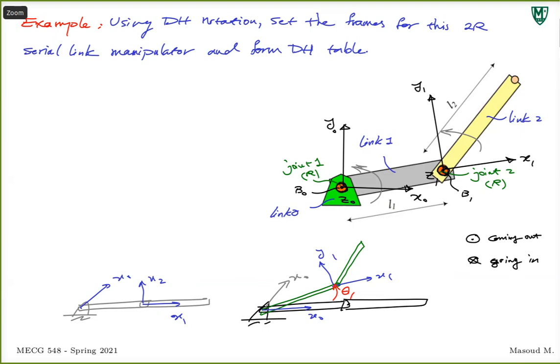So for the base frame, depending on what configuration you're dealing with, you can play around with it. Is it wrong if you put it in a totally different direction? Technically, no. But then your transformation matrices and the number of parameters that are not zero in rest position in your DH table would increase, which is not optimal for whatever you want to do later on.